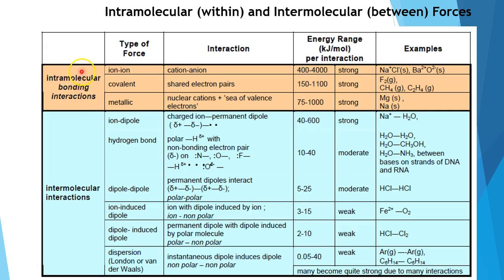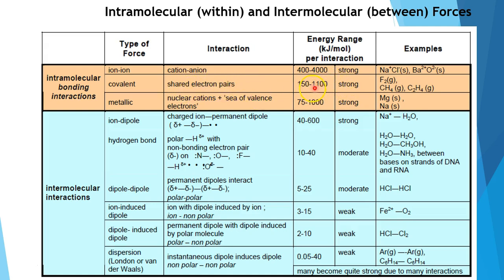So in the case of intramolecular forces, the type of force that we could have is between an ion and an ion, so between a cation and an anion. This has the largest amount of energy, in kilojoules per mole per interaction. So this is one of the strongest forces, 400 to 4,000. The examples are here: table salt, barium oxide. The other type of intramolecular force is the covalent force that shares electron pairs.